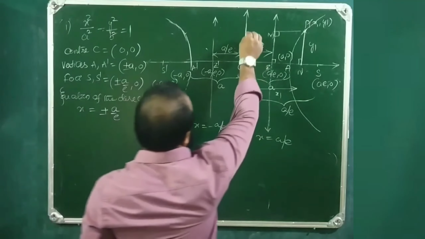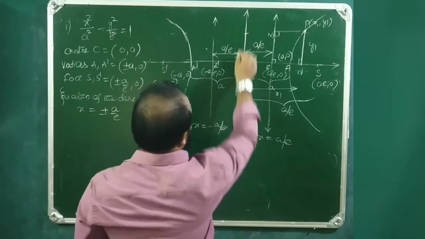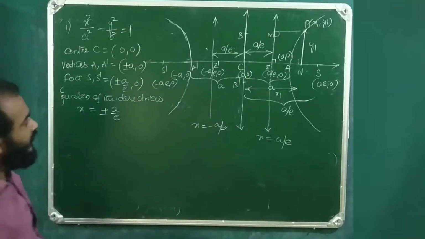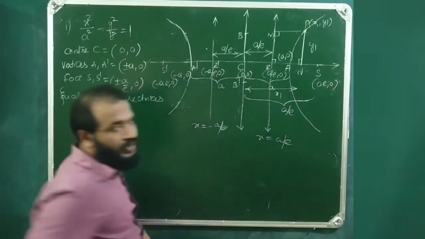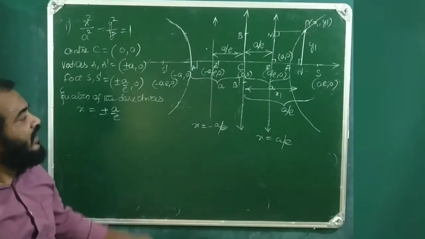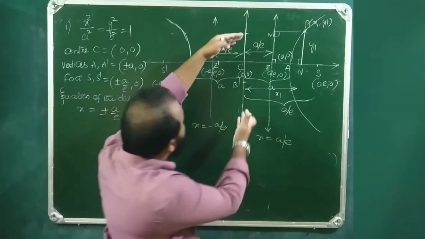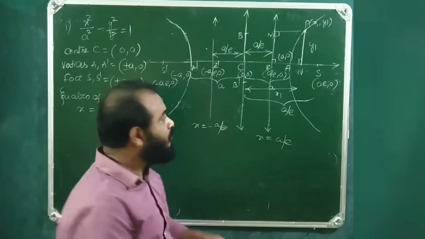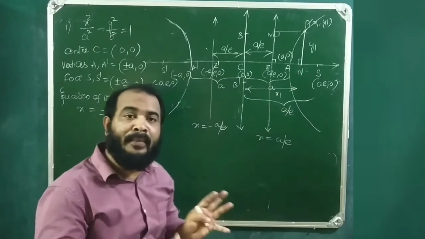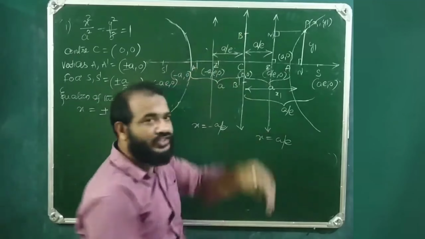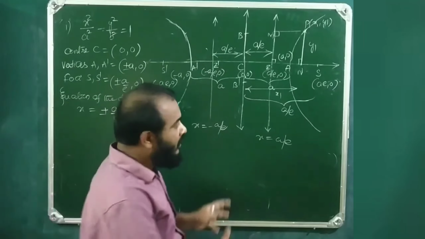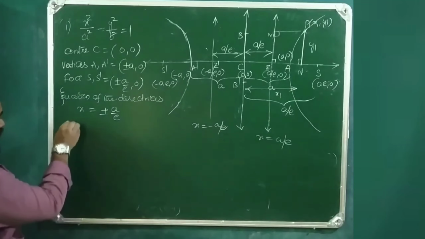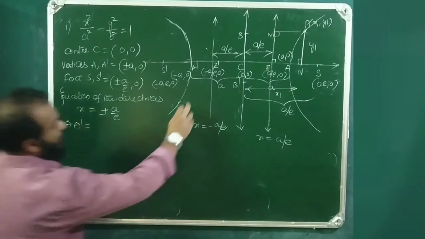And if you take this to be B dash, then A A dash is said to be the transverse axis and B B dash is said to be the conjugate axis. In ellipse, this A A dash is said to be the major axis and this B B dash is said to be the minor axis. But here in hyperbola, A A dash is equal to how much?